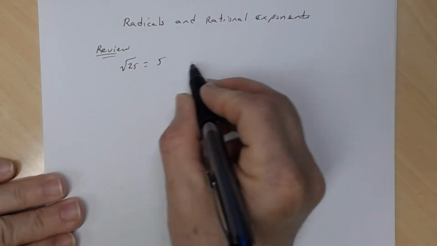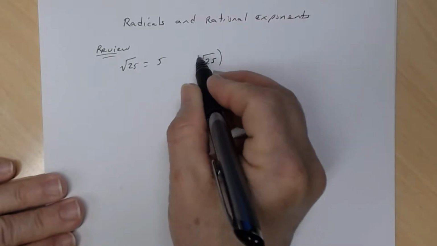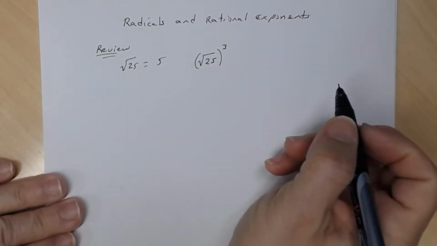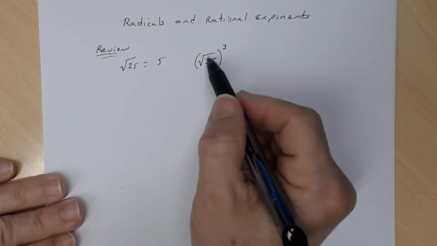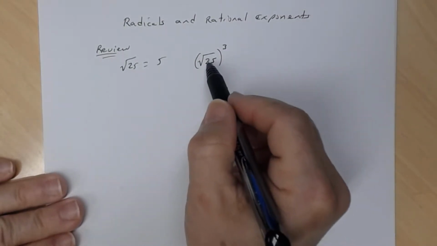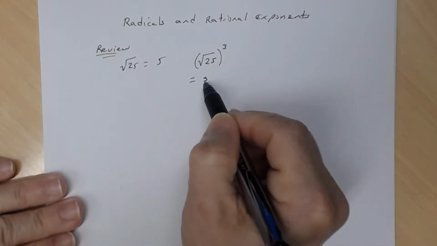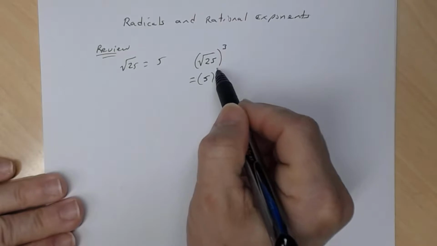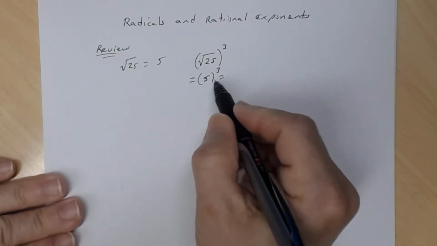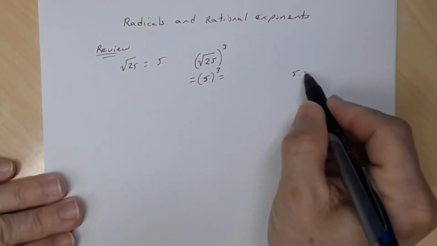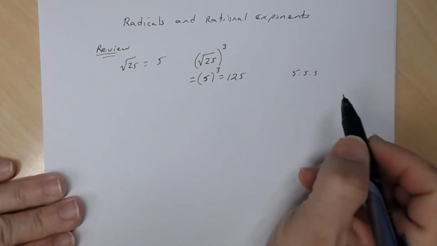So if the square root of 25 is 5, then we also know that the square root of 25 raised to the third power, to evaluate this, we need to first figure out what the square root of 25 is, and the square root of 25 is 5, but remember that base is being raised to the exponent 3, so it's being raised to the third power, and then 5 to the third power means 5 times 5 times 5, which is 125.